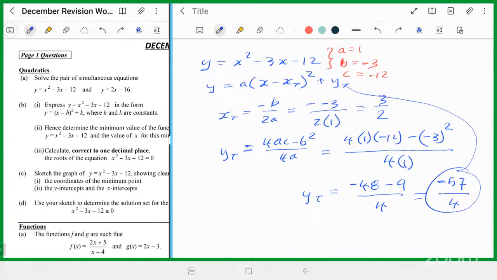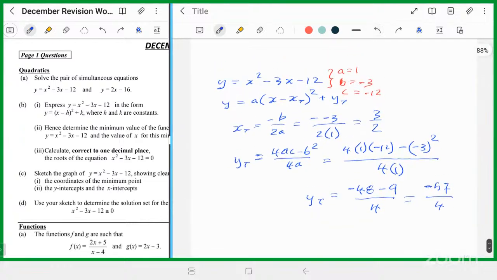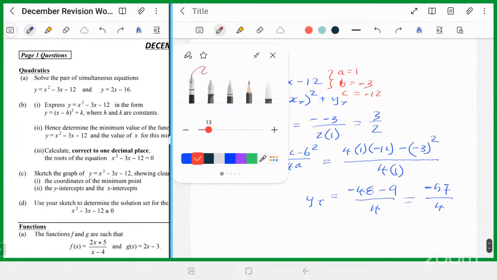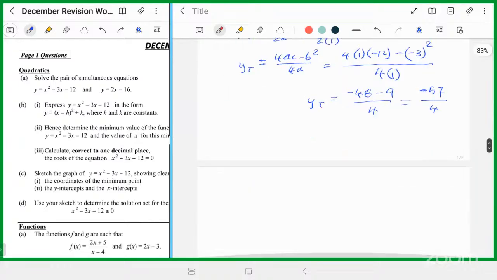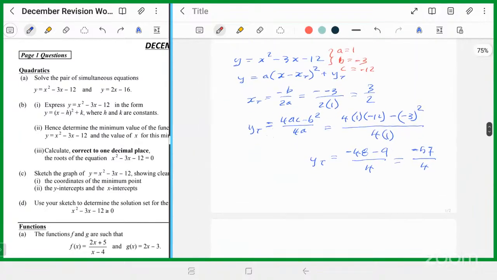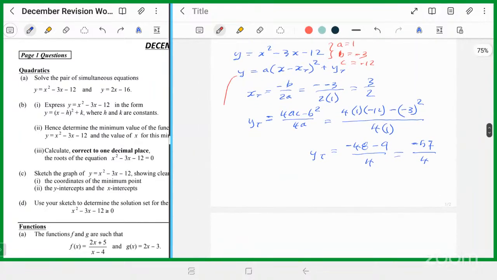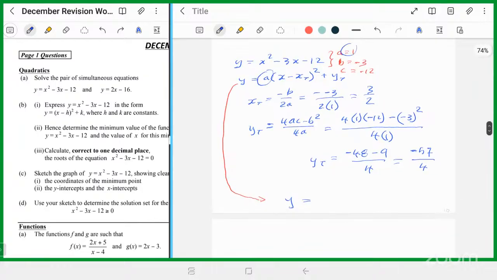So we're now ready to write this vertex form. Let's go to the next page. So this vertex form right here is now going to become this thing. y equals, now the a is 1. Let's put it for now, into x minus xt, and the xt that we worked out is 3 over 2.